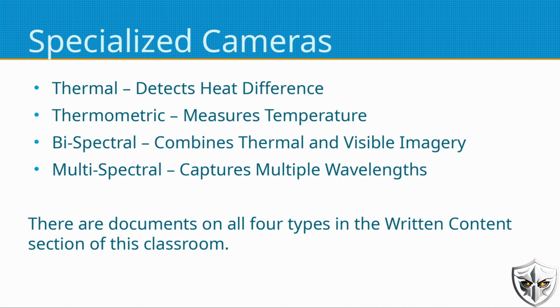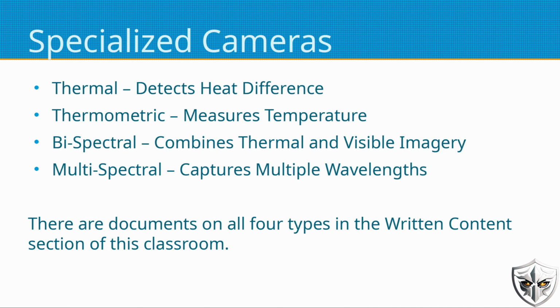There's also a lot of specialized cameras out there. Thermal cameras detect a heat difference. They don't measure temperature though, so a thermometric camera measures temperature. Thermal cameras are great if you're trying to cover a large area, maybe an open field or something like that where it's really hard to see what's going on. Thermal cameras can see the heat off of a human or an animal or a vehicle or whatever.